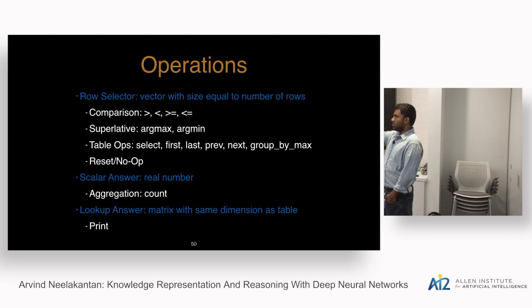You apply something like the greater than 5 operation on a particular column, and that's going to return a Boolean. So this binary vector will specify all the subsets. Oh, I see. But how do you make this prediction?